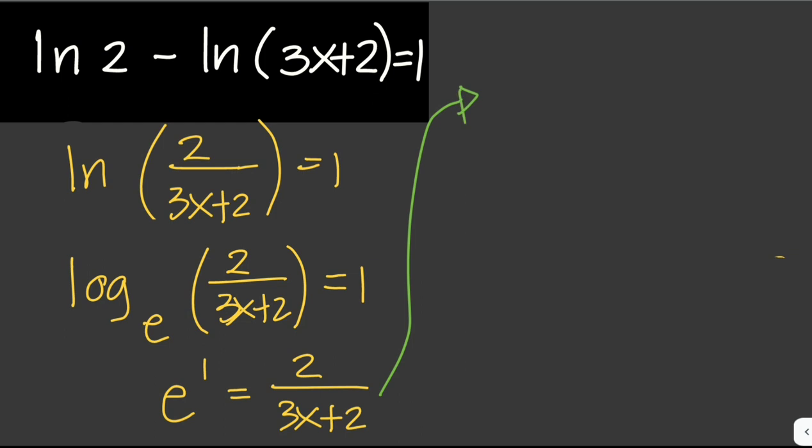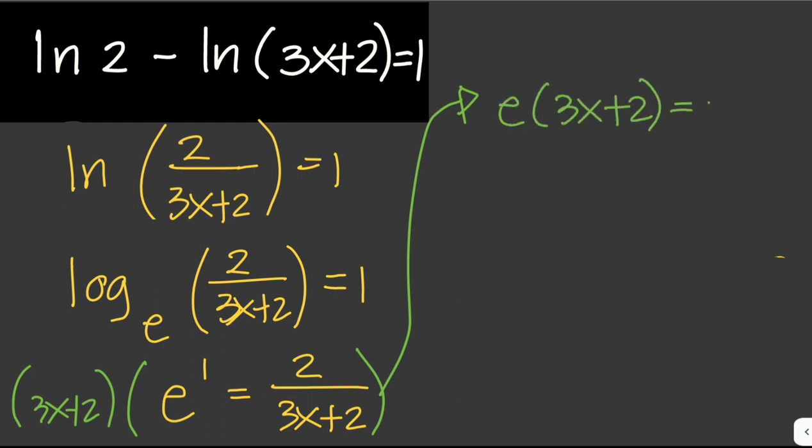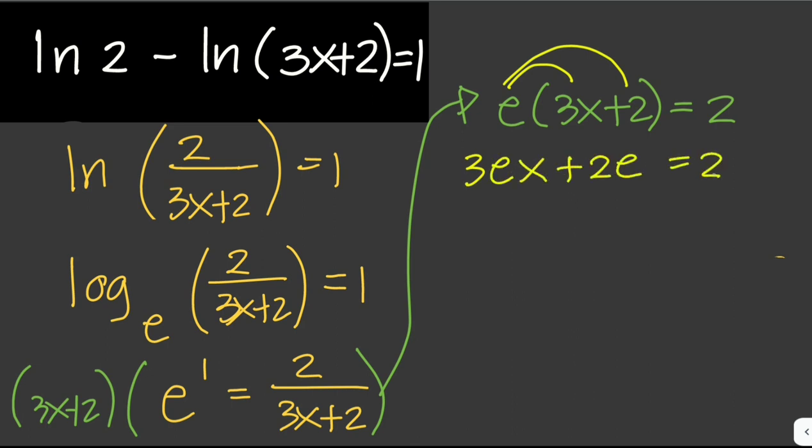And now we can solve for x. So we multiply both sides by 3x plus 2. This would become e times 3x plus 2 equals 2. Then we distribute e here. So we have 3ex plus 2e equals 2.